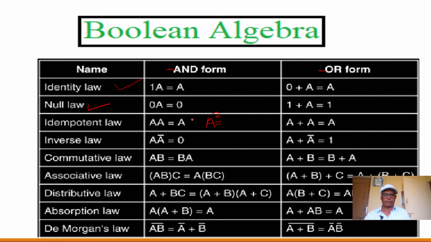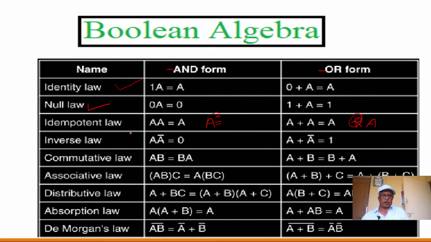Meaning of the word idempotent means this 2 is eliminated. So A into A is A. In this case also, if we add A plus A, mathematically it will be 2A. But this multiplier 2 is idempotent, means this will not be considered, we will consider only A.